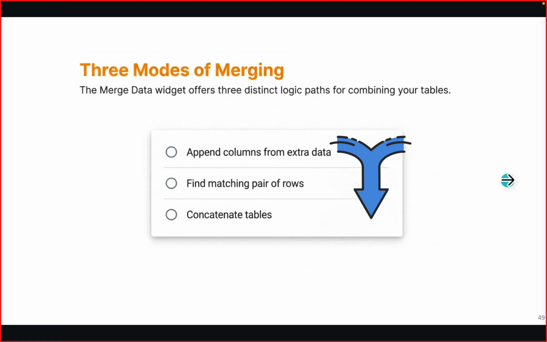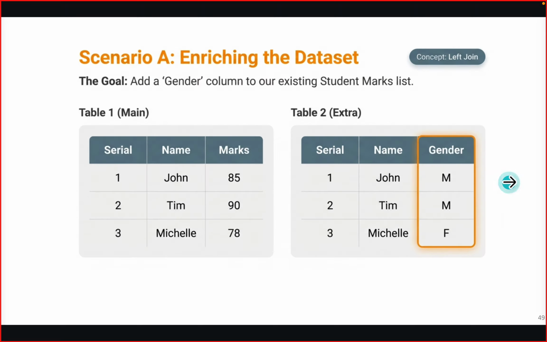Besides the main table, the rest of the tables we call extra. Find the matching pairs of rows and concatenate table. Now let's take an example here.